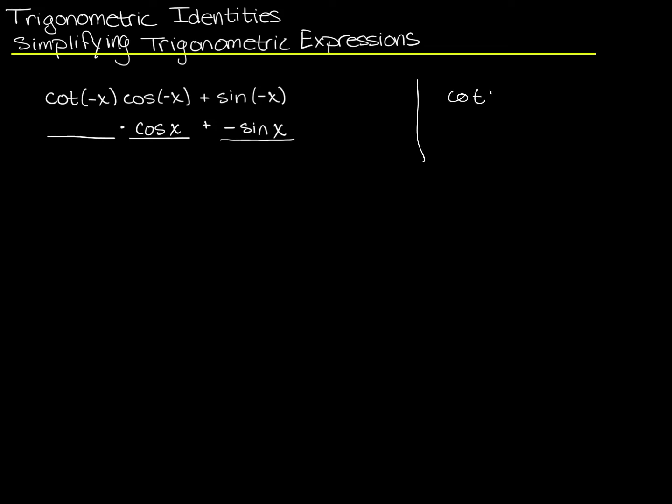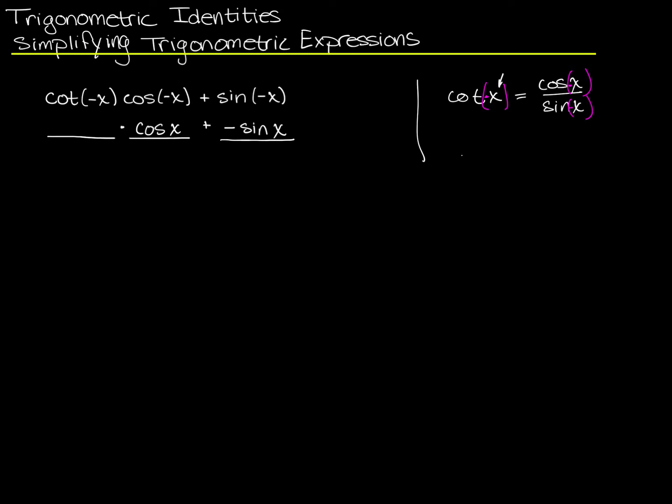We know that the cotangent of x is equal to the cosine of x over the sine of x. If I take this x and make it negative, let's just use a pink pen here, I'll make that a negative x, and that means my input for all of these is negative.